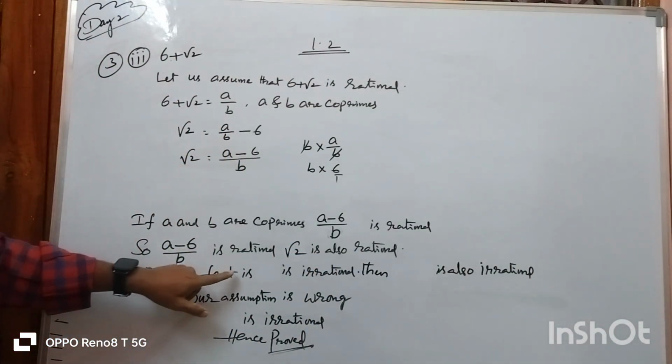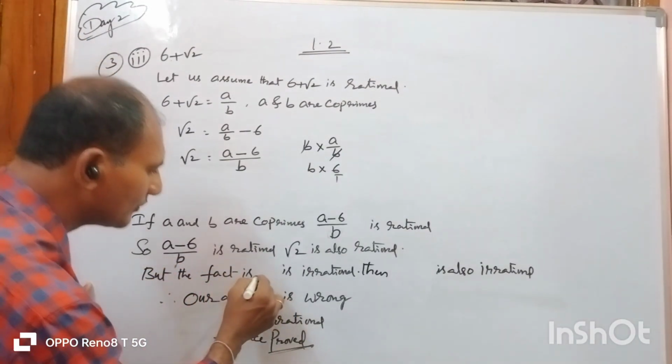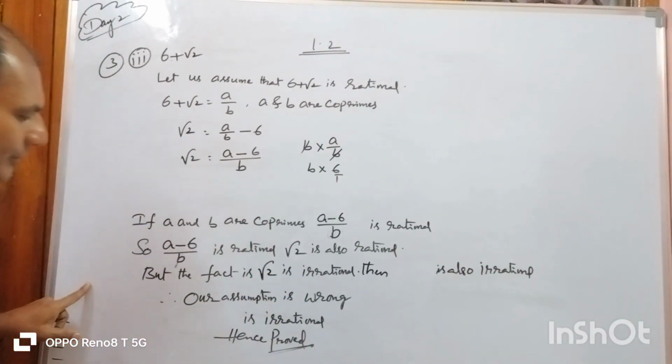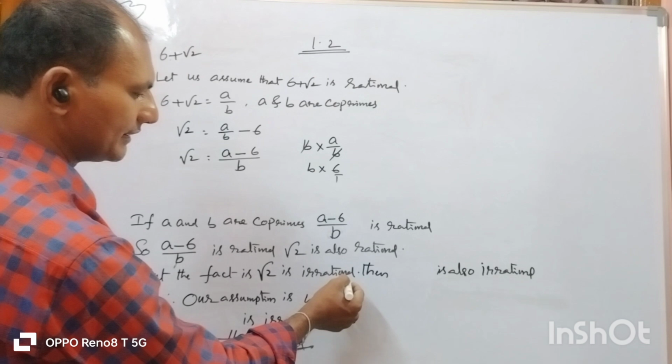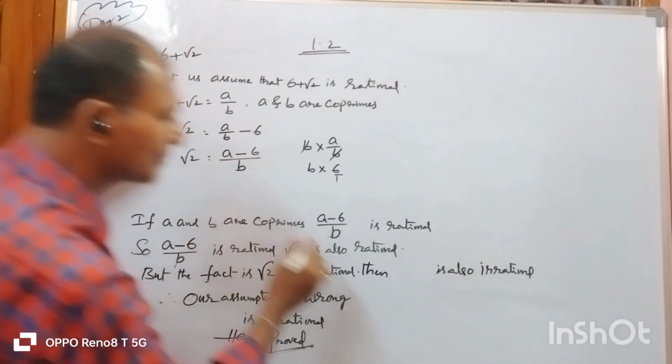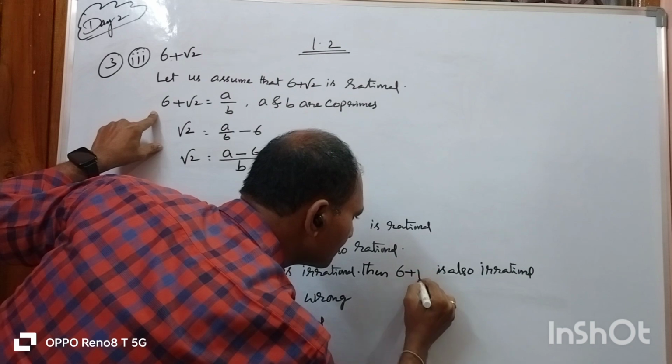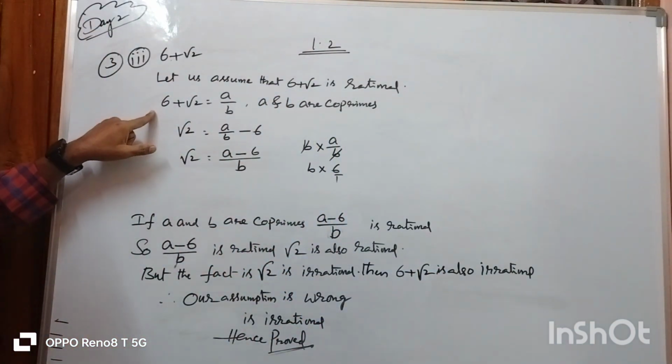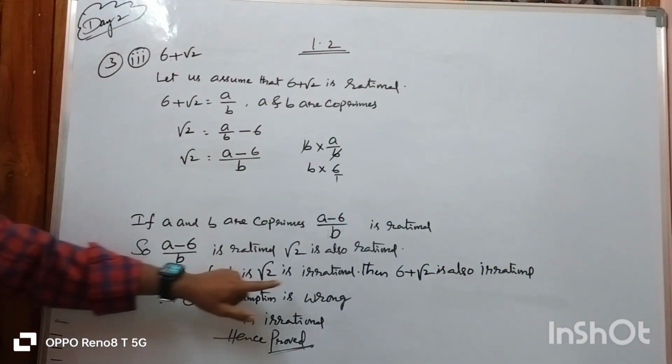But the fact is root 2 is irrational. Then 6 plus root 2 is also irrational. So our assumption is wrong.